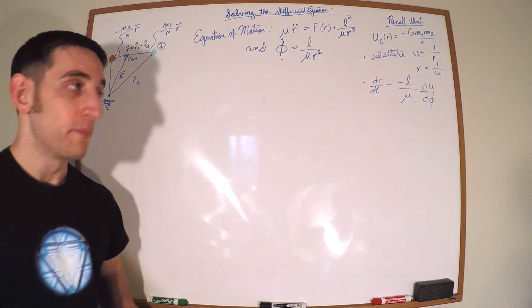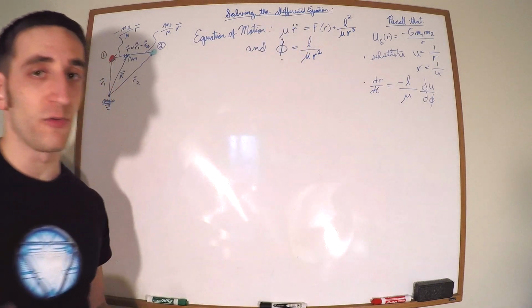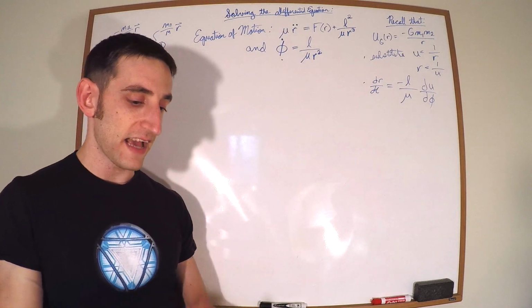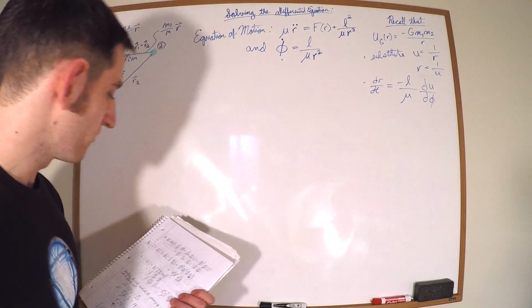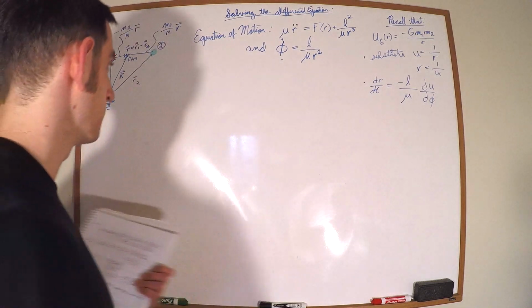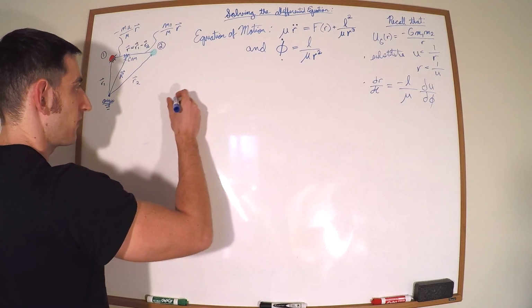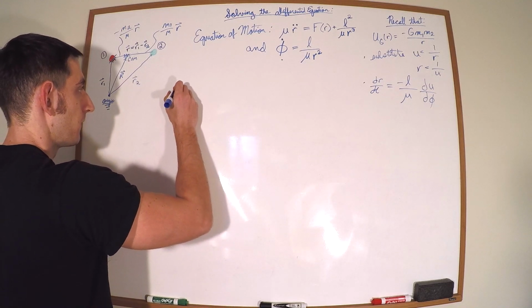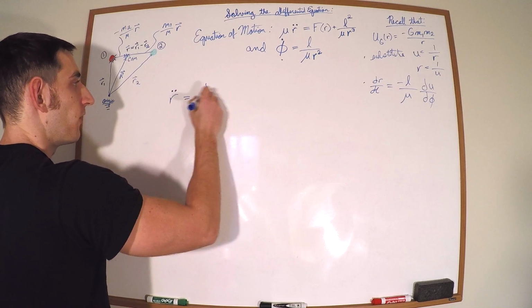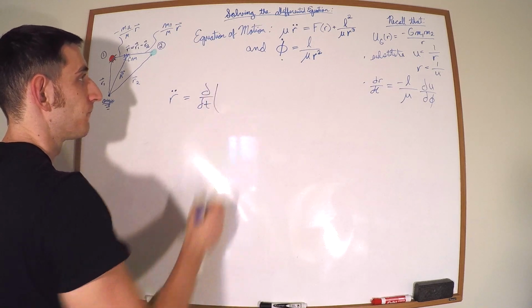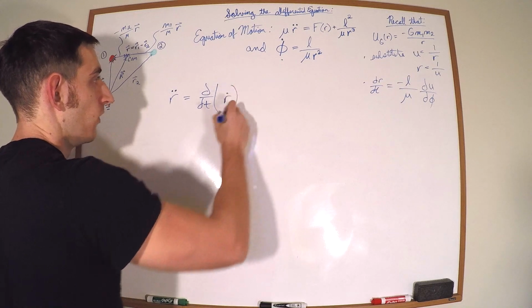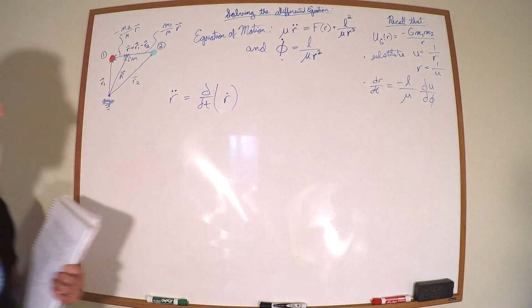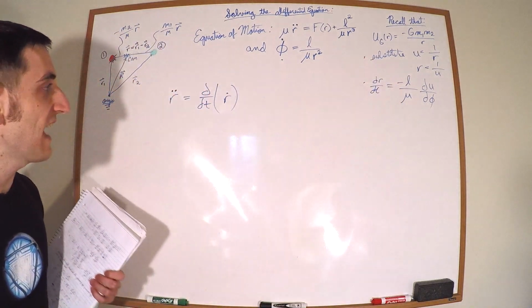So basically we're trying to find r double dot, because we have r dot. Let's find the next guy. Okay, so r double dot then becomes the following. Well, this is pretty easy. R double dot is nothing more than the derivative of r dot. Well, we have r dot already, and, bam, that's that guy.